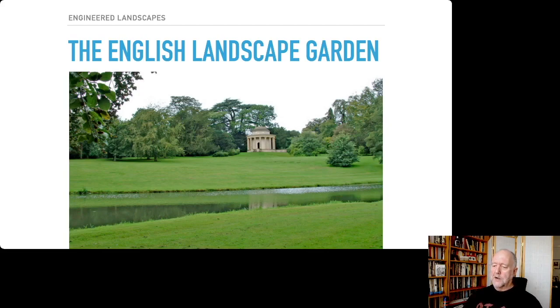It was initiated by landscape designers William Kent and Charles Bridgman, but the most influential figure in the later development of the English landscape garden was a fellow known as Lancelot Brown, or as his contemporaries called him, Capability Brown. So he lived through the 18th century.